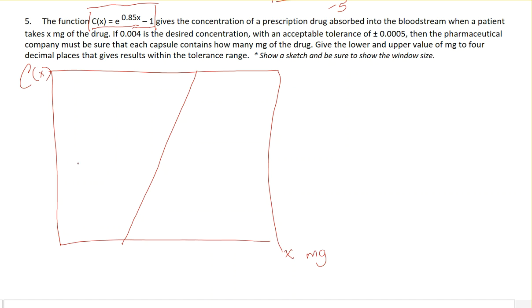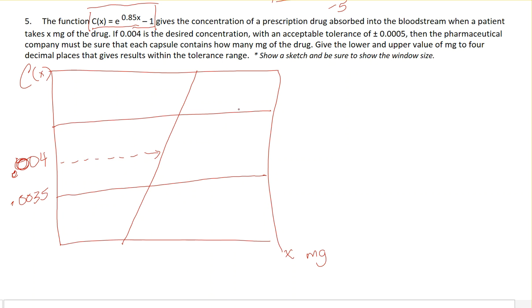And what we know is that we would like to hit this, better write it correctly, 0.004. This is what we would really like to hit. But we know that we could cure our patient as long as we get them close enough. So I would want to go 5/10,000ths below and 5/10,000ths above.